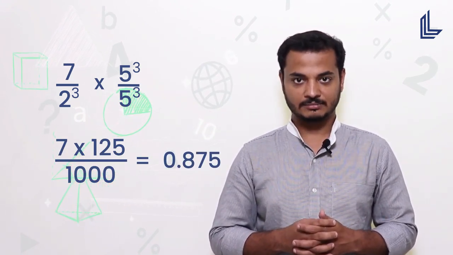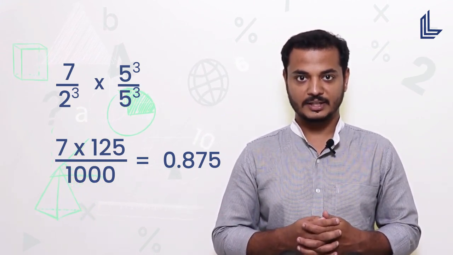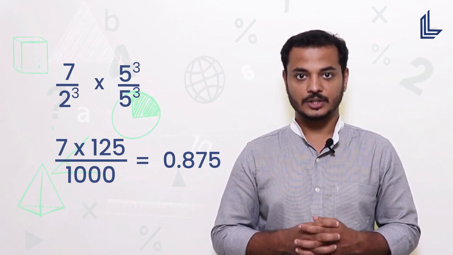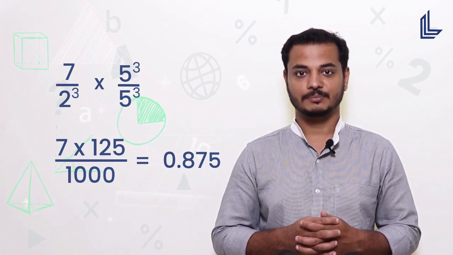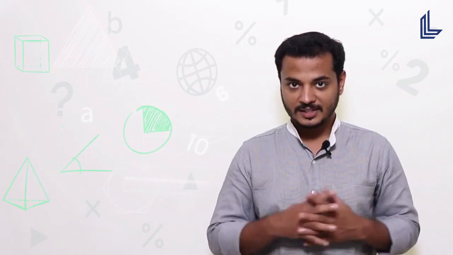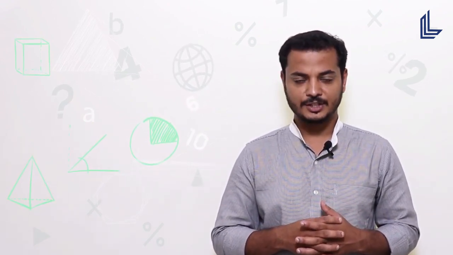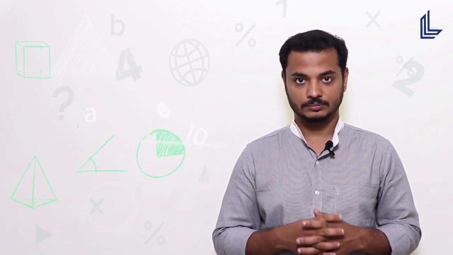So what does it mean? It means that even if the denominator is just powers of 2, you could still express that denominator as powers of 10 by doing some manipulation. 7 by 8 was a fraction where the denominator was only powers of 2.